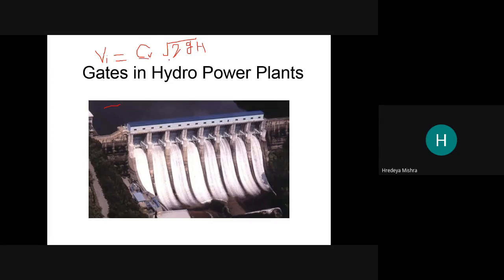Cv is a constant, 2 is a number, also constant, g is also constant, only H is variable. So we can say that Vi is directly proportional to the root of H. If H is large, then we get high velocity. Or we can say that for getting high velocity, we need a higher head.